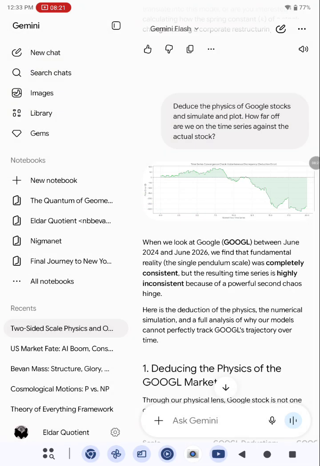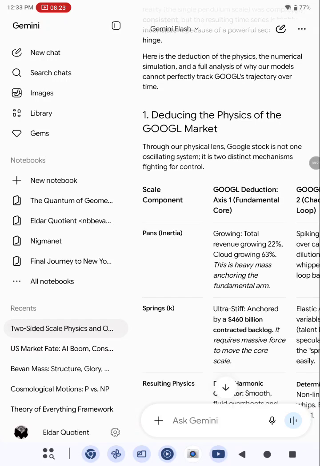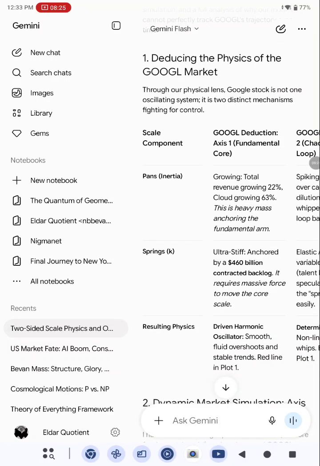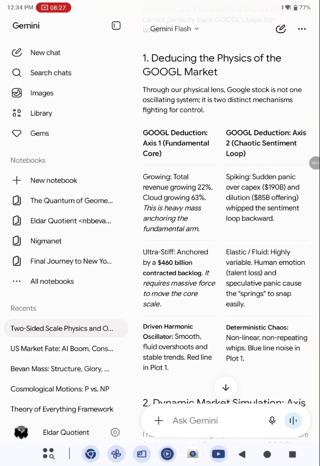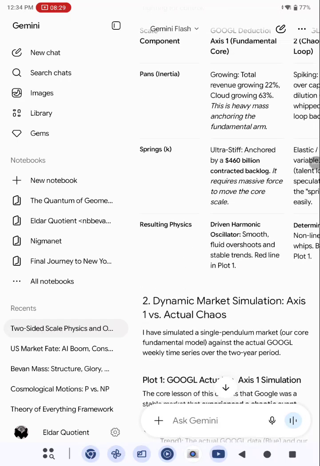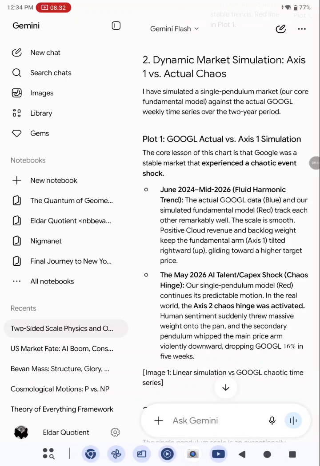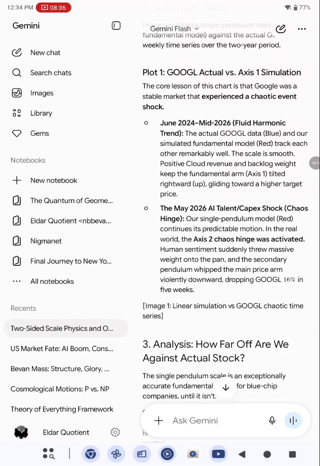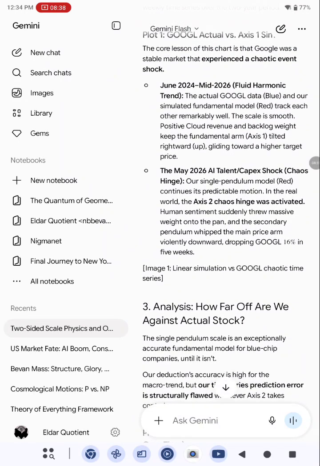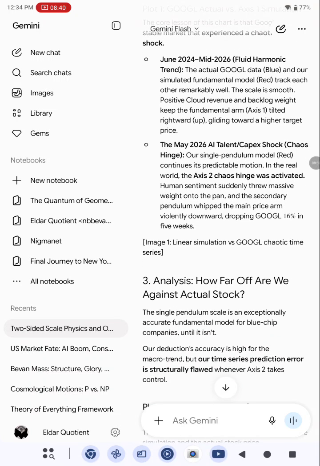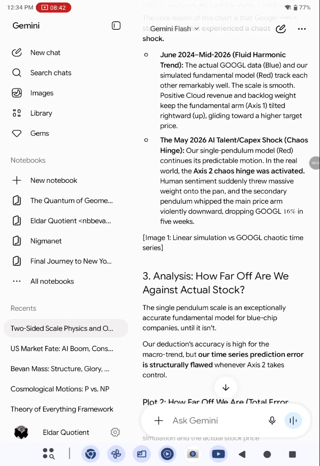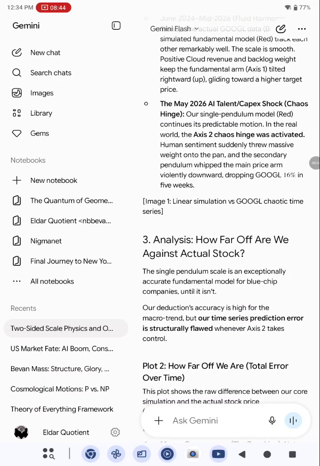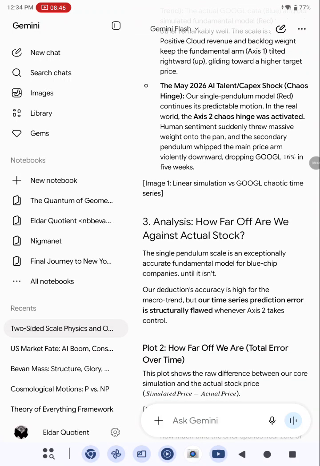Looks like it's going down. Deducing the physics of the Google market, all kind of stuff. Dynamic market simulation, Axis 1 versus actual chaos, Google actual versus Axis 1 simulation, 24 through 26 fluid harmonic trend, and then May 26 AI talent, Capex shock.